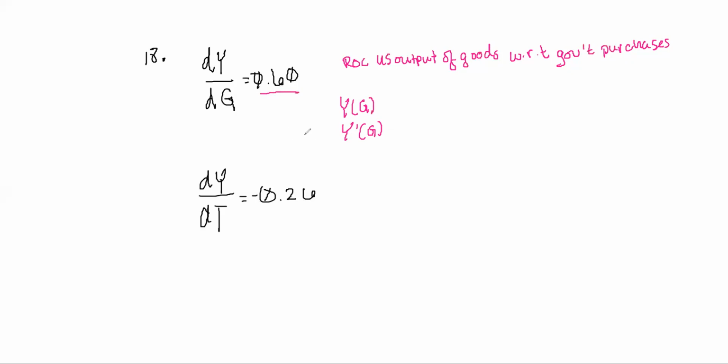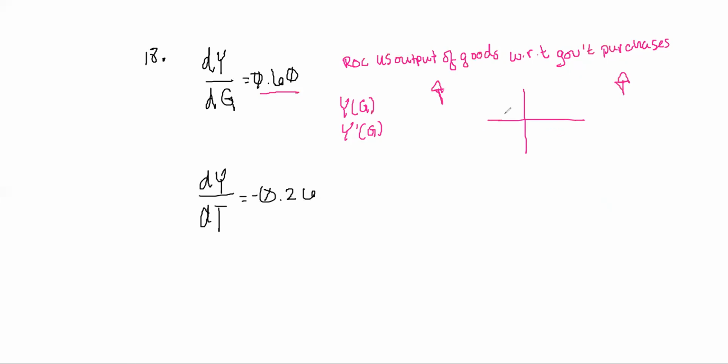That being said, the rate of change of U.S. output of goods with respect to the government purchases is positive. So theoretically, if government purchases were to go up, then the output of goods would go up as well. So if we kind of have a graph, and again, I'm making up all of this information so that I can get a graph going.